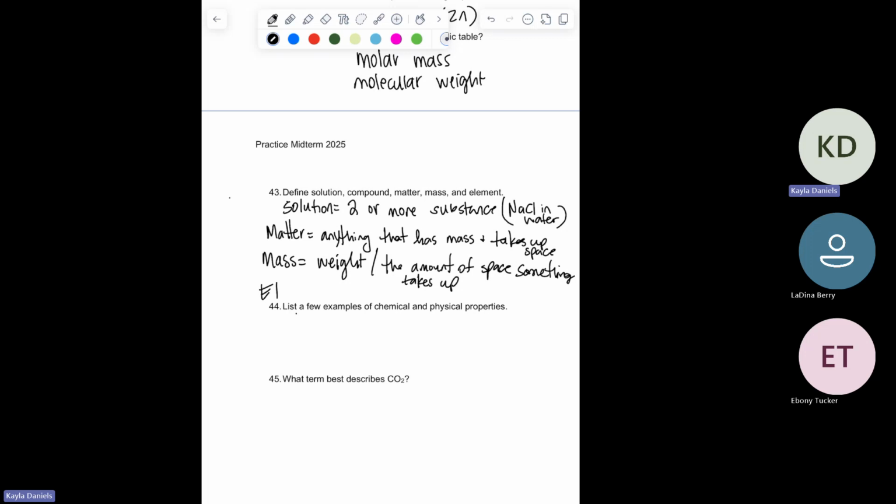And element, that's just what's on the periodic table, right? Chemical properties are going to be like rusting or baking a cake. Physical properties are going to be like changing color.